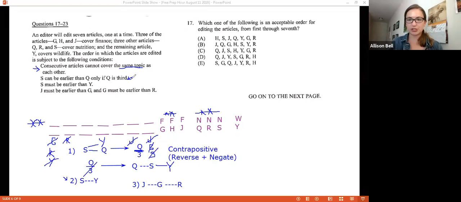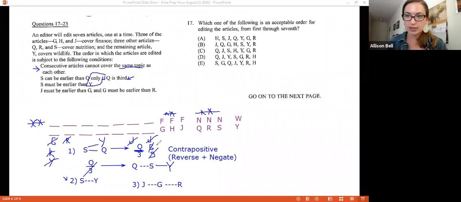Goes back to what Johnny said earlier. He said, oh, here come the conditionals again. Because this is a conditional rule, we don't actually know which of these scenarios is going to happen. If it's this first scenario, then we'll have a certain set of cross-offs that come into play because of it. But if it's the second scenario, we're going to have a different set of cross-offs that come into play. And we only want to put these cross-offs down on our diagram if we're totally sure about them.